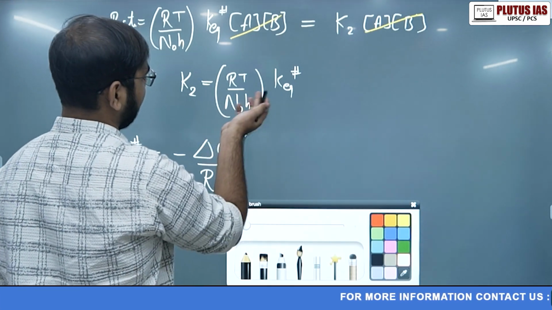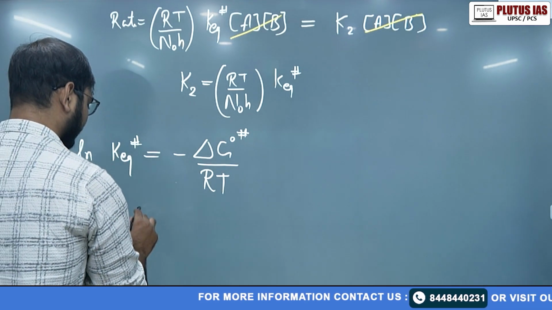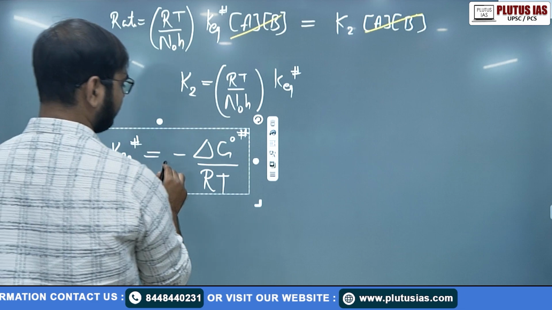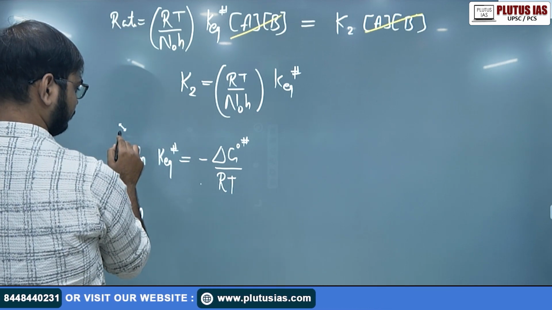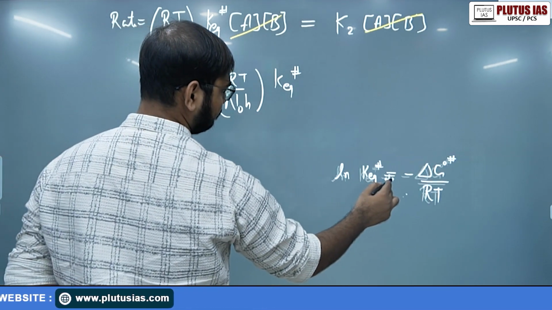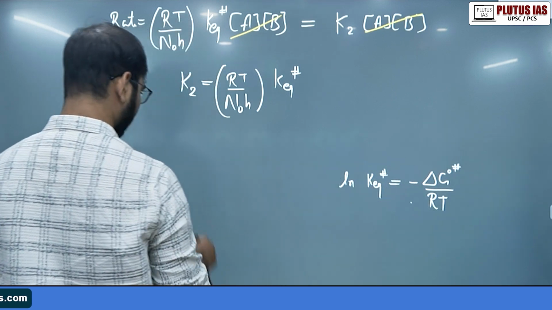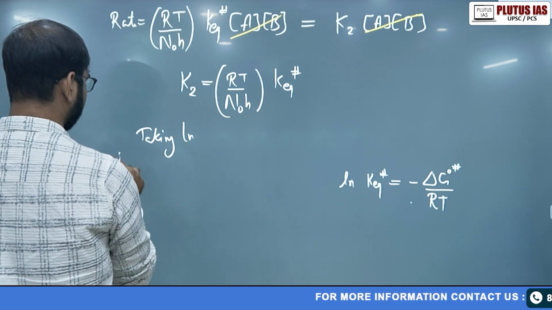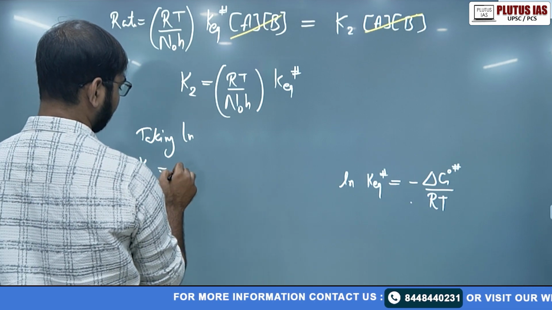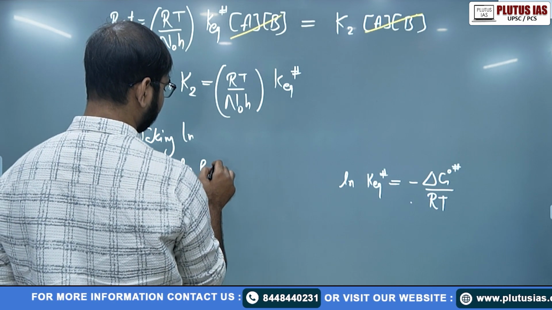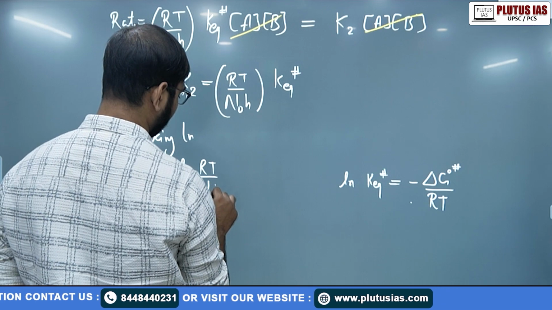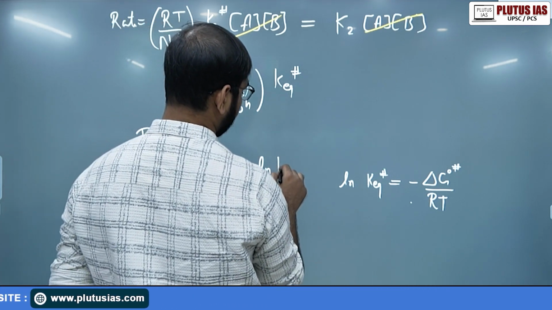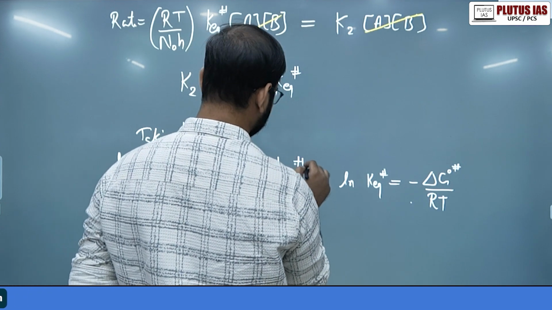Taking the above equation in the form of K equilibrium star and taking ln, it can be written as ln of K2 equals ln of RT N naught by h plus ln K equilibrium star.